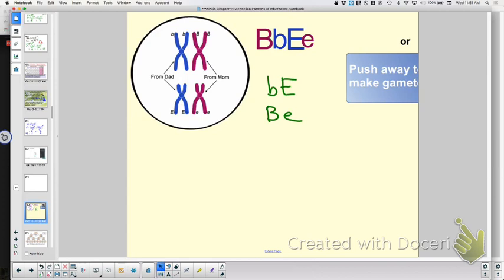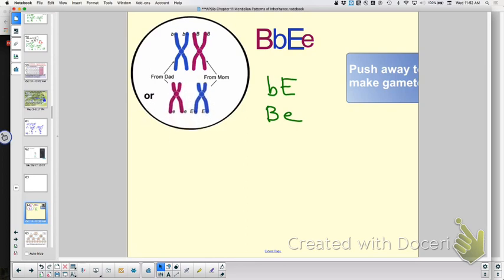Okay. Now let's apply the law of independent assortment, which is what we're talking about, right? So they could have lined up this way, or they could have lined up this way. See, I just flipped the page.